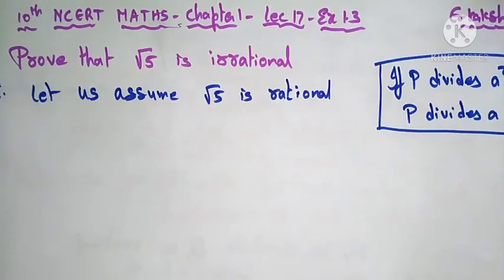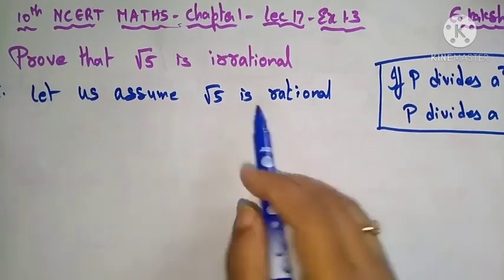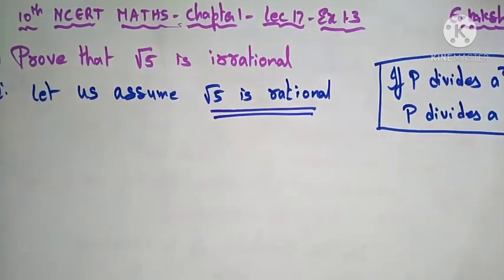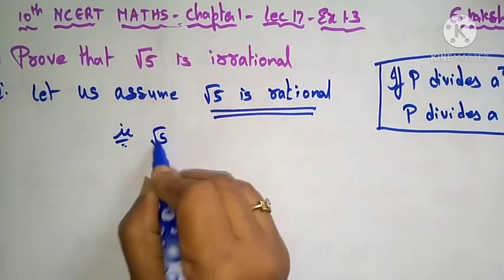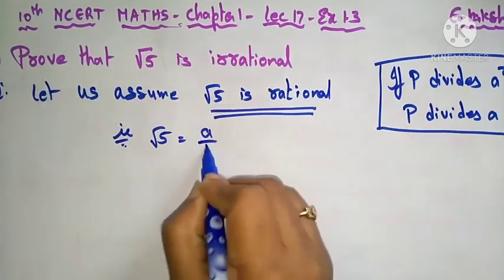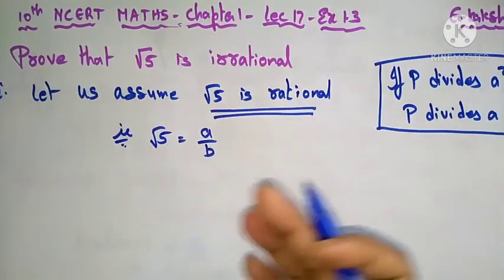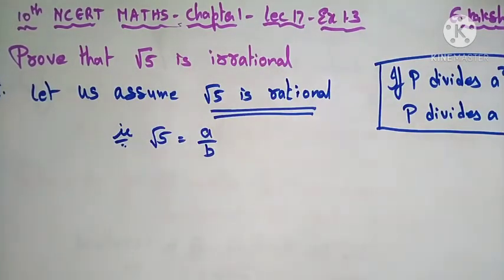You don't know whether it is rational or irrational, but you need to prove it. So to prove root 5 is irrational, first you take the contradiction and assume root 5 is rational. So root 5 is equal to a by b, because whenever numbers are rational, they are in the form of a by b, where b is not equal to 0.